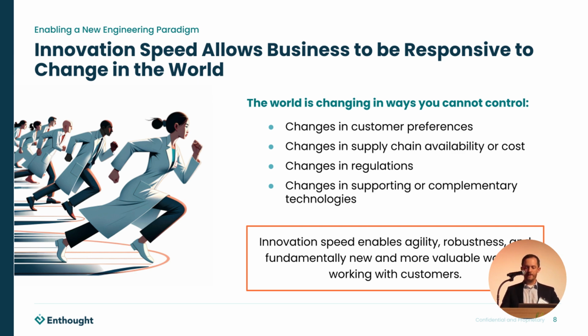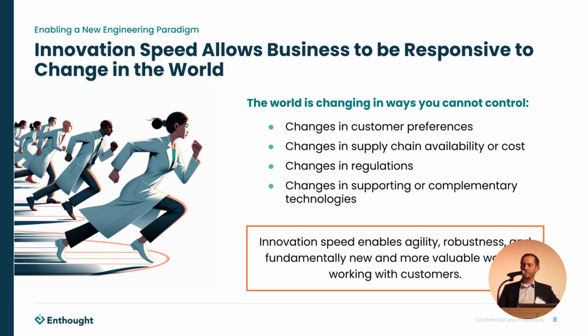In industry, innovation speed allows companies to be responsive to change in the world and adjust their products and services to meet changing requirements from customers, supply chains, regulations, and complementary technologies. Innovation speed enables organizational agility and robustness, which are extremely important in today's changing world.